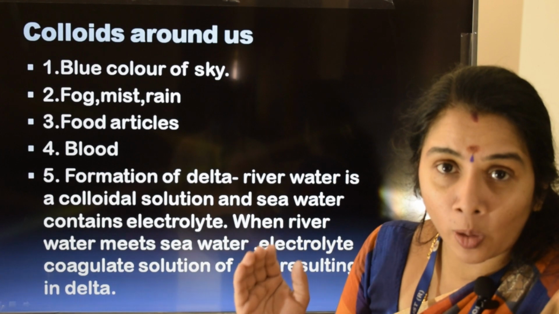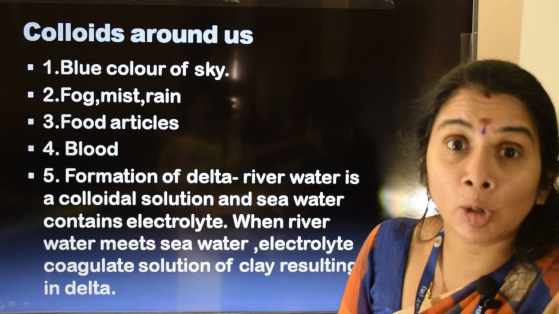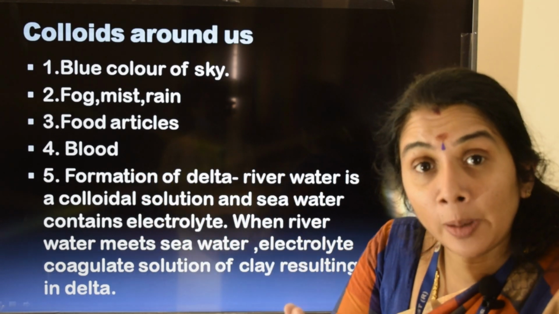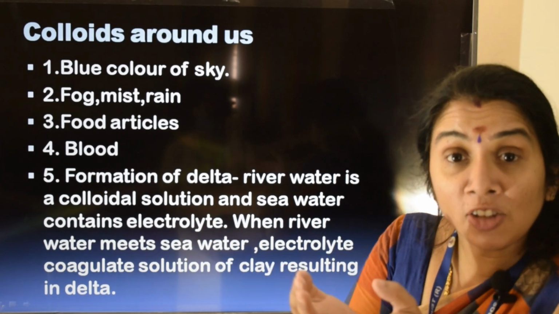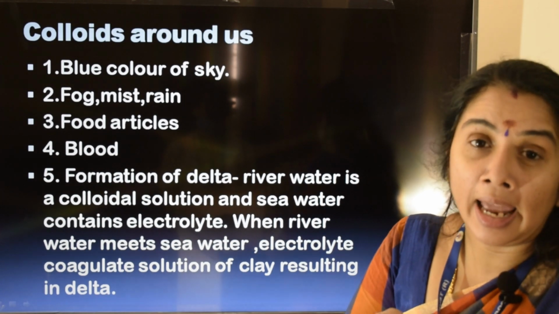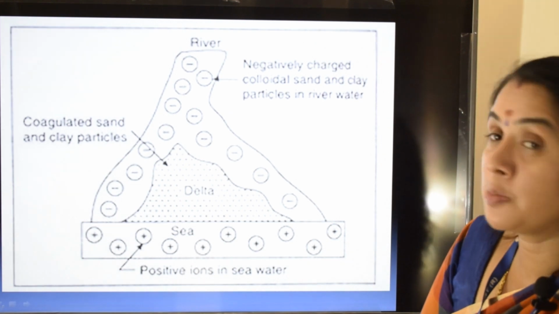So when river water comes and meets the sea water, which contains many electrolytes, the river water carries all the negatively charged colloidal particles like clay, gravel, etc. And when they come in contact with the sea, which has electrolytes, coagulation happens, and they settle down in the formation of delta. See from this picture.